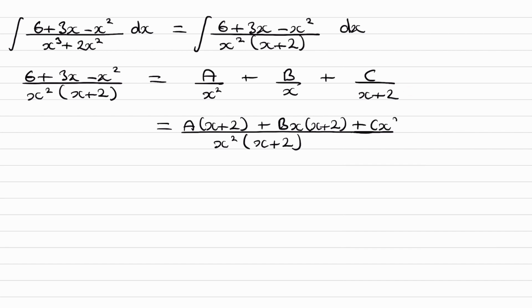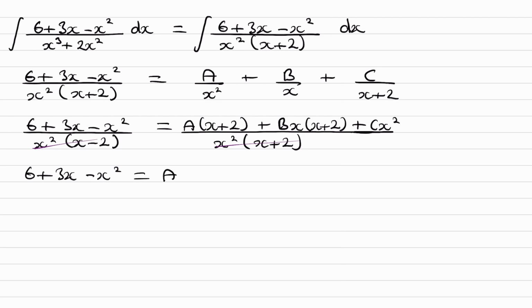So plus cx squared. This is equal to the left-hand side, so no change with the left-hand side. And then the denominators cancel, and we're left with 6 plus 3x minus x squared is a times x plus 2 plus bx times x plus 2 plus cx squared.